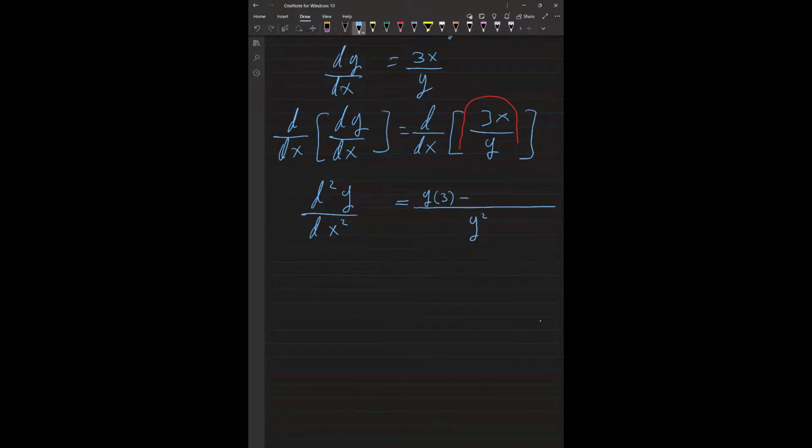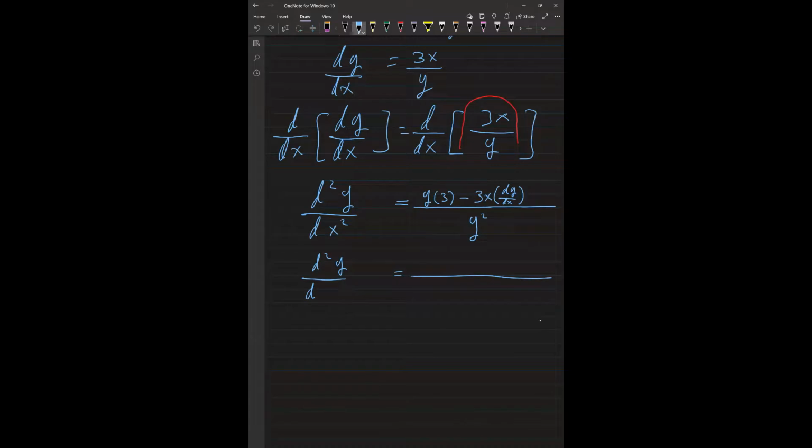Minus the top, which is 3x, times the derivative of the bottom. Now, what is the derivative of y? 1 times dy/dx. All right, let's continue.